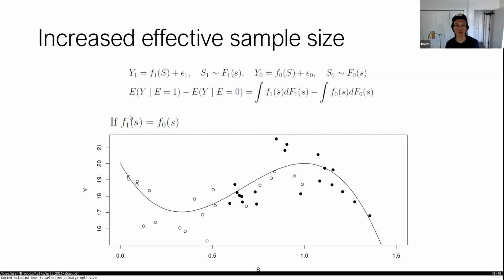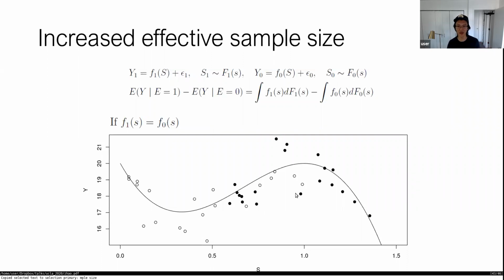If you make the assumption that this association, this function, is the same between both treatment and control groups, you can basically increase the sample size you have to estimate those functions. Imagine black is the treatment group data points, and open circles are the control group points.